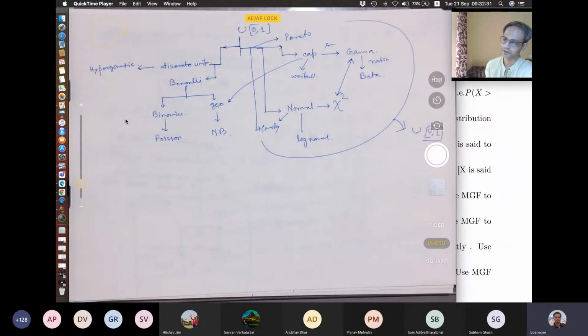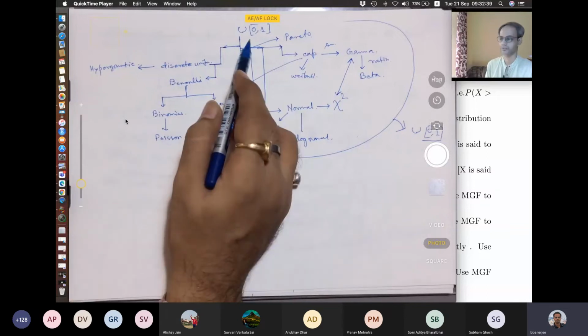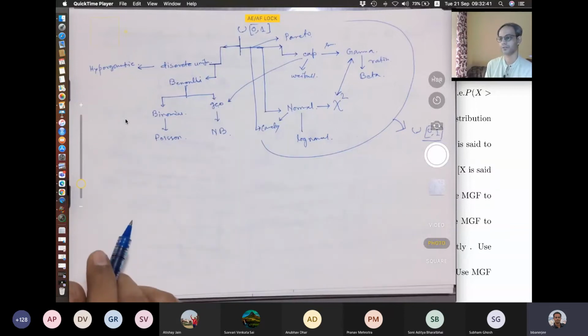That is because of this computer facility, and computer facility is coming through this uniform distribution, because computer cannot generate a random number. It comes through an algorithm, and whatever is coming through an algorithm cannot be a random number.